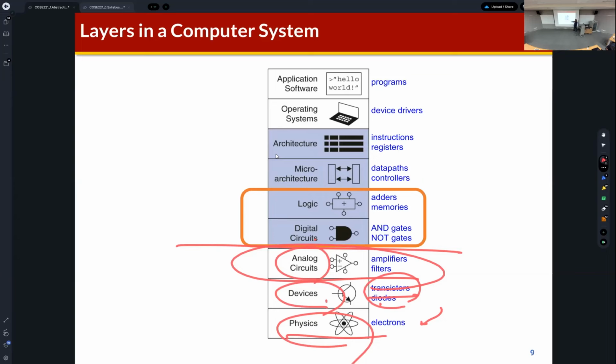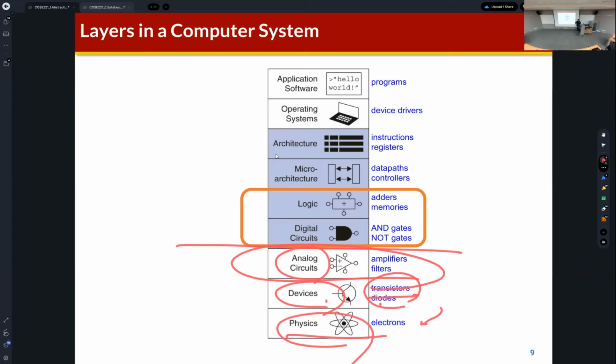Based on this knowledge, we can build transistors. A transistor works like a switch. But you don't need to learn the detailed knowledge about transistors. Using these transistors, we can build analog circuits, because in the real world, we live in the analog world.